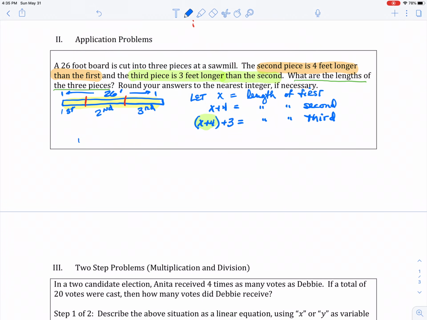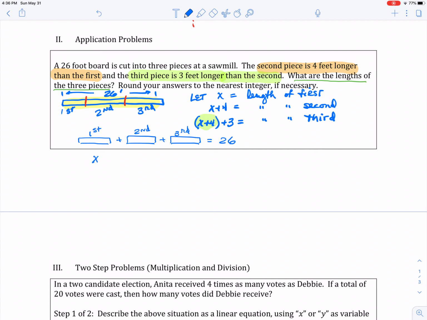So I should be able to take the length of the first, add it to the length of the second, add that to the length of the third, and that should total up to the 26 feet.